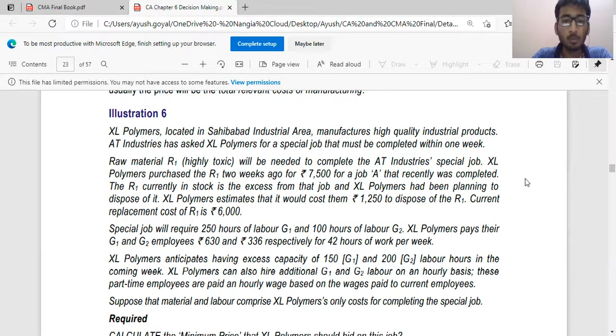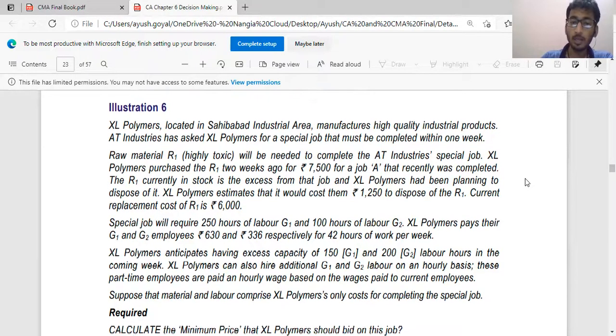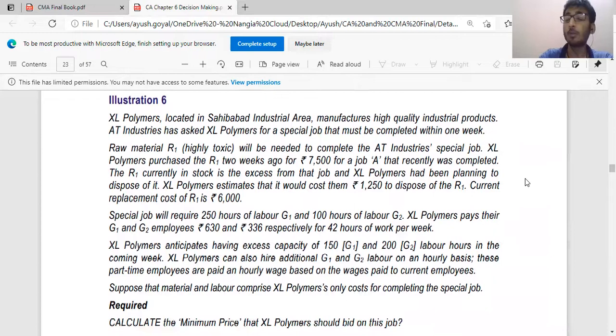The special job will require 250 hours of labor in G1 and 100 hours of labor in G2. Excel Polymer pays their G1 and G2 employees 630 and 336 respectively for 42 hours of work per week. Excel Polymer anticipates having excess capacity of 150 G1 and 200 G2 labor hours in the coming week.